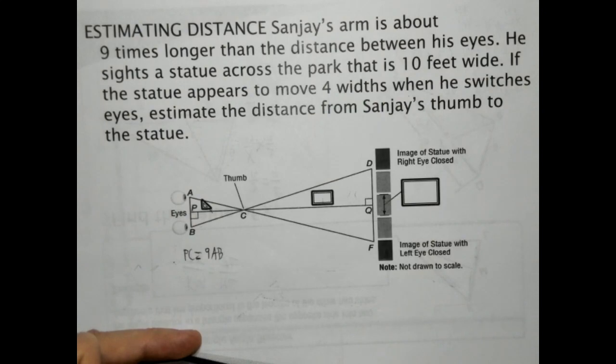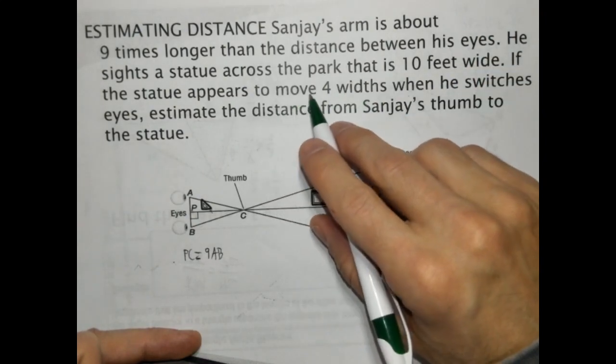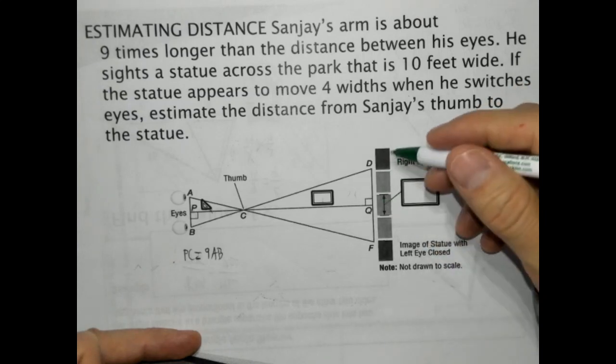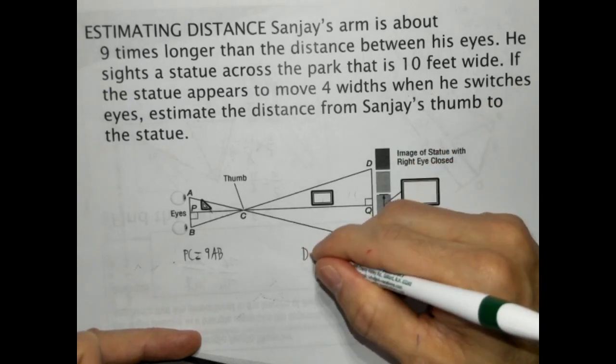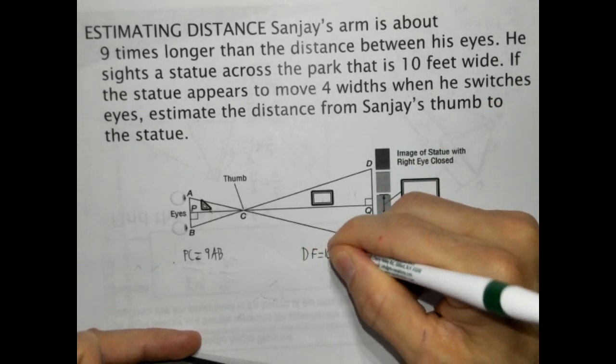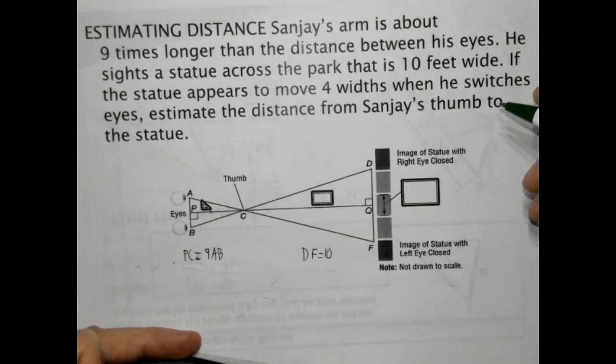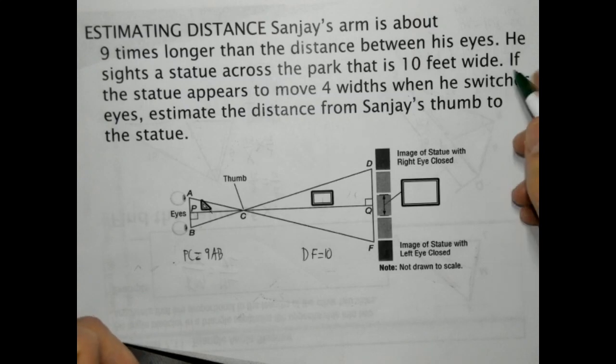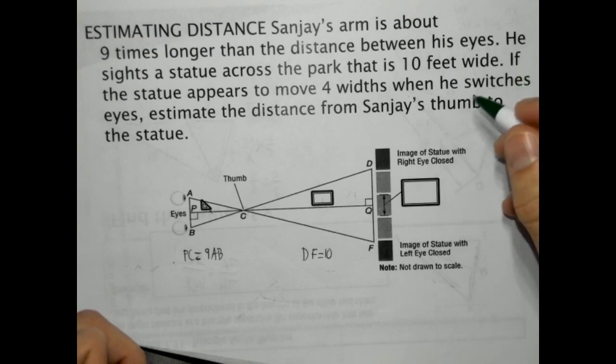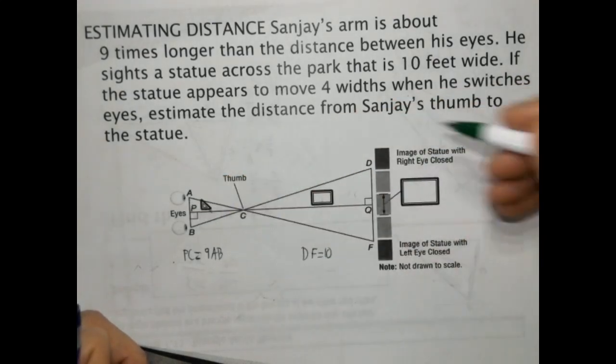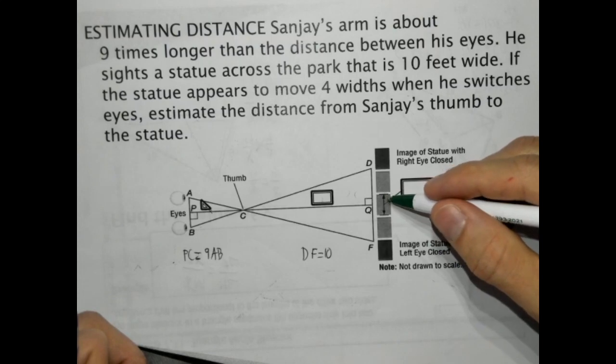That's what we know. Okay. He sights a statue that's across the park that's 10 feet wide. So this is 10 feet. So DF equals 10 feet. Full disclosure, we may stop in the middle of this if this problem continues to be really confusing. We'll find out. If the statue appears to move 4 widths when he switches eyes, so when it goes here, each of these means 4 widths. Okay, interesting.